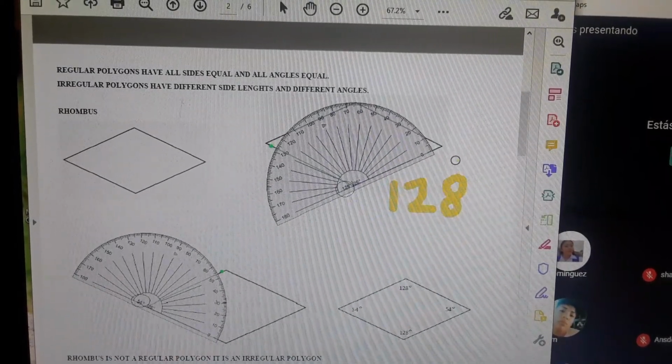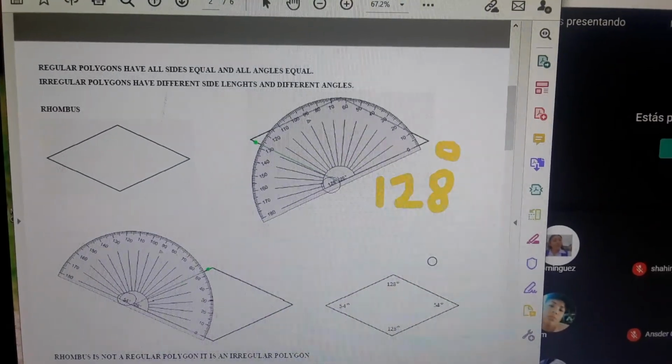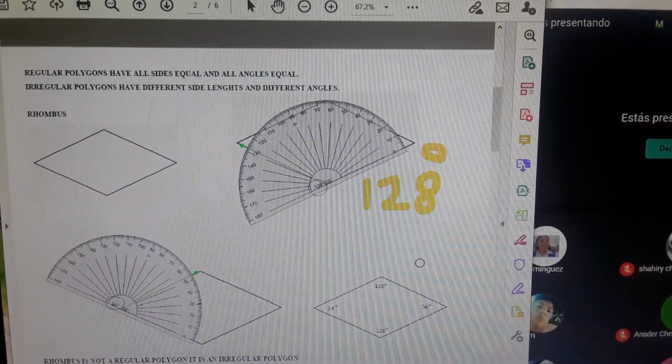So that is the angle right there. 128 degrees is the angle.